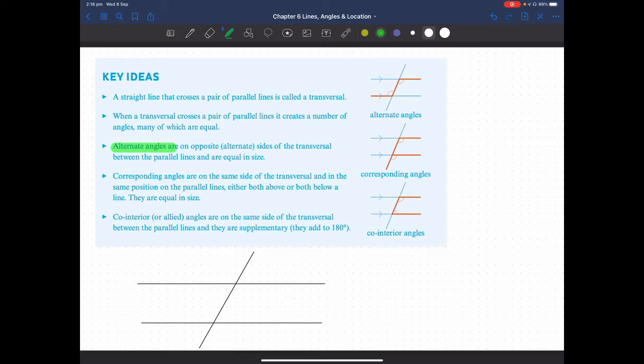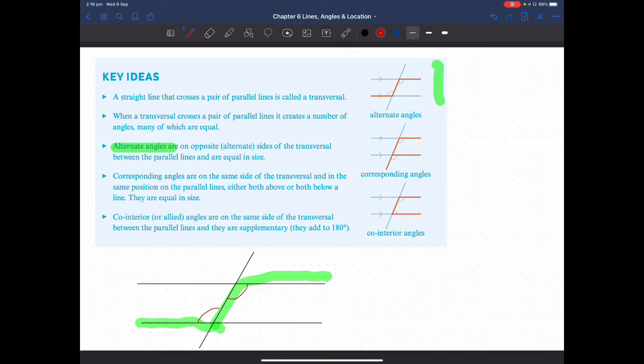Your textbook highlights these lines that I have highlighted here. In this case, this angle here and this angle here are alternate angles. That is, they are equal to each other.